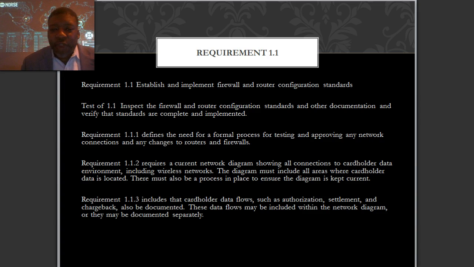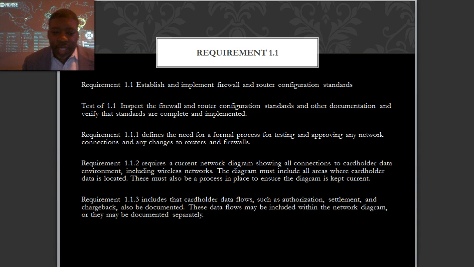You need to inspect the firewall and router configuration standards and other documentation. So this is a standard which is documented for those to read and to follow, and verify that the standards are complete and implemented. So first, you should have a document which talks about how you implement and establish firewall configurations, and it should be followed.